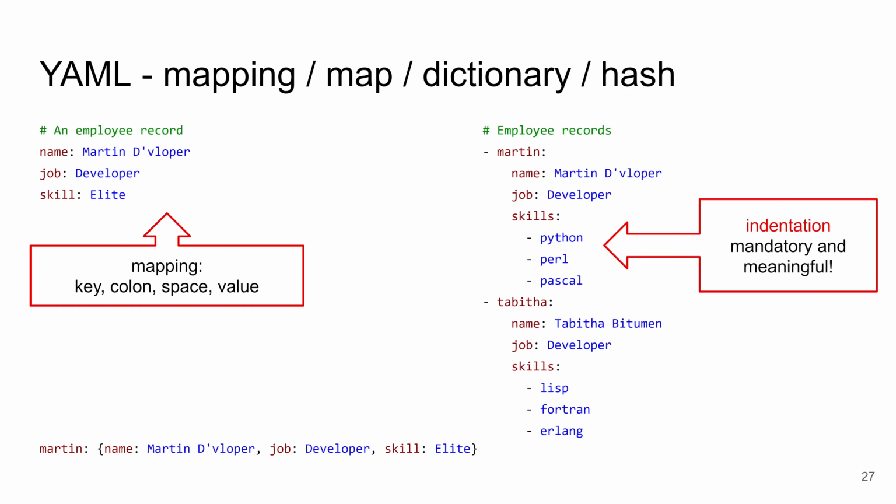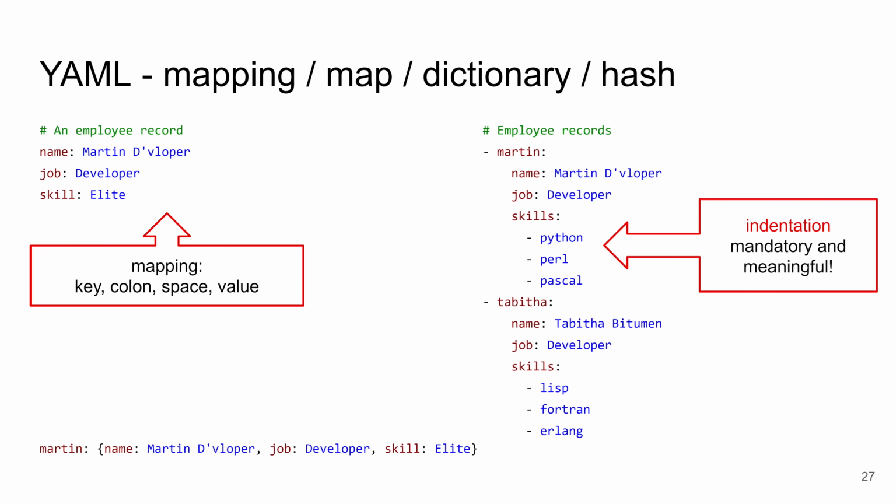So here we have a more complex example of an employee record. On the top level, we have a sequence of 2 things, and Martin and Tabitha both are keys in that sequence, and their values are maps. So this is an array of 2 key value pairs where each value of those key value pairs is a hash, a mapping.